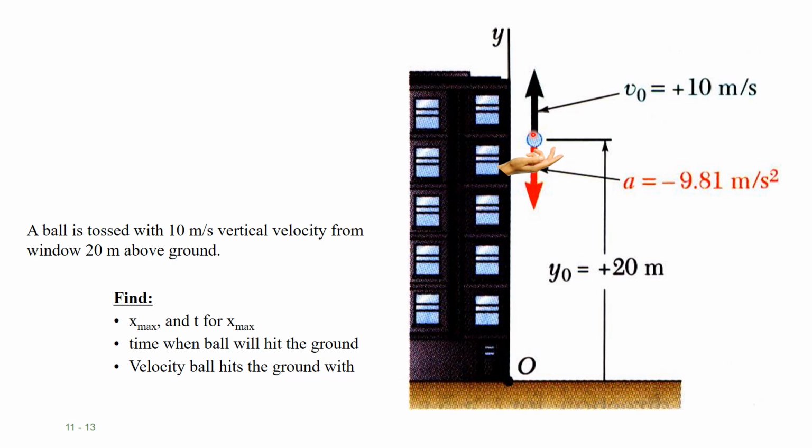So even though the speed is changing here, in that we're slowing down and then we're speeding up, acceleration is constant. What is acceleration the entire way through here? It's nothing but gravity.